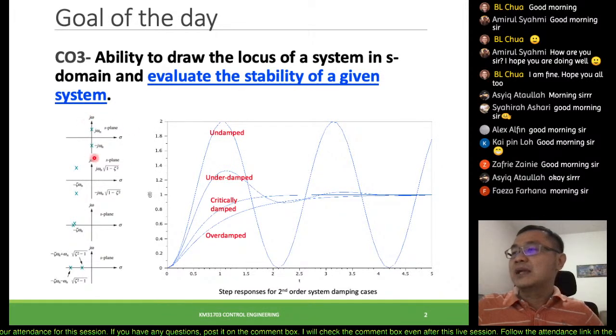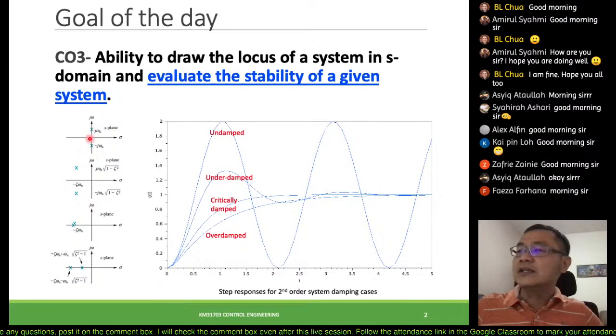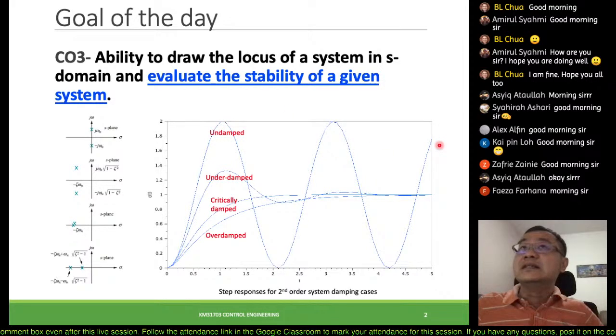Just a recall: when the roots lie on the imaginary axis, we get the undamped type of response.